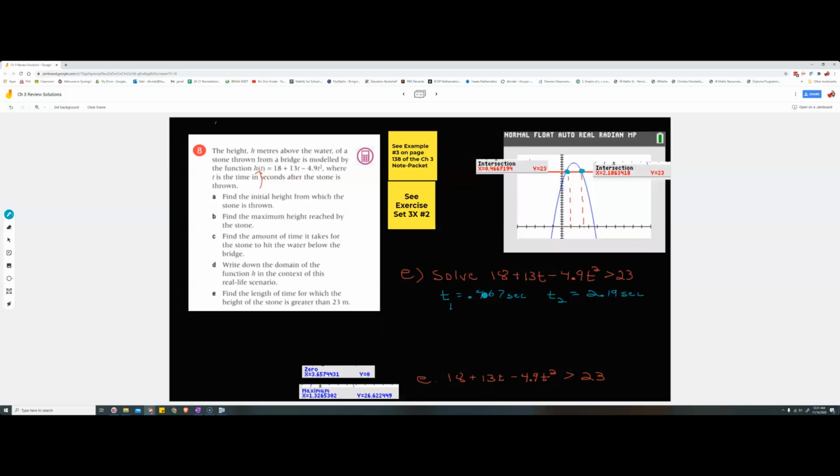And then I'm going to subtract those two amounts. So I subtract those and get 1.723, and then round that to 3 significant figures, and the amount of time that it is above 23 meters would be 1 and 72 hundredths of a second.